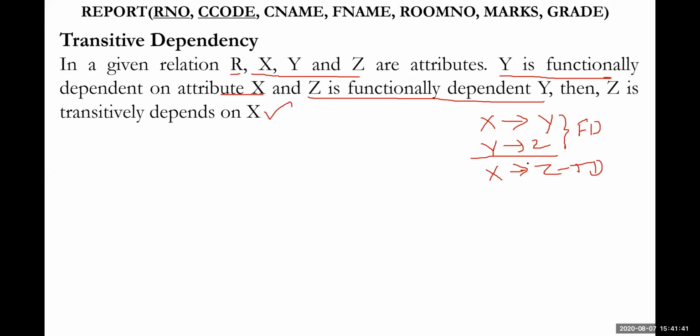Even if the value of Z is not acquired directly from X, because of transitivity there is a possibility to get those values.